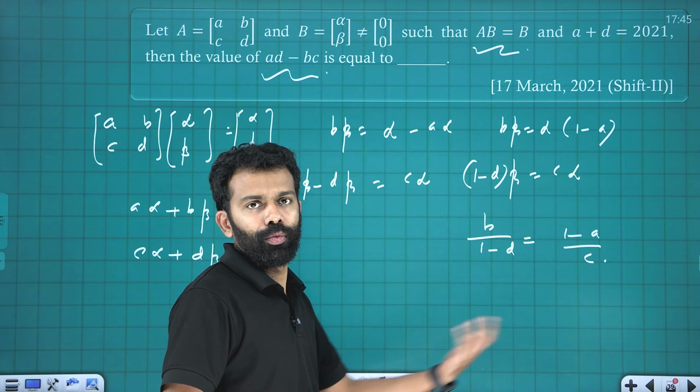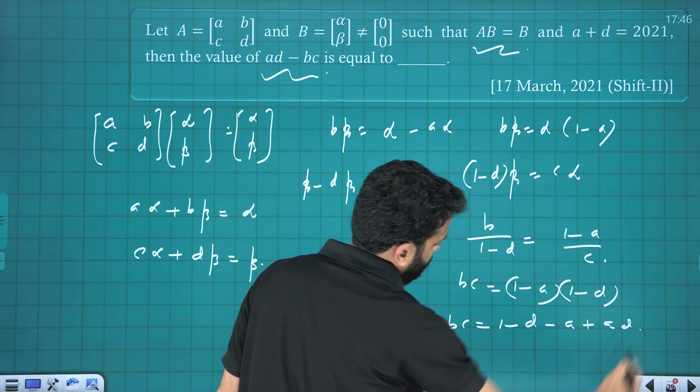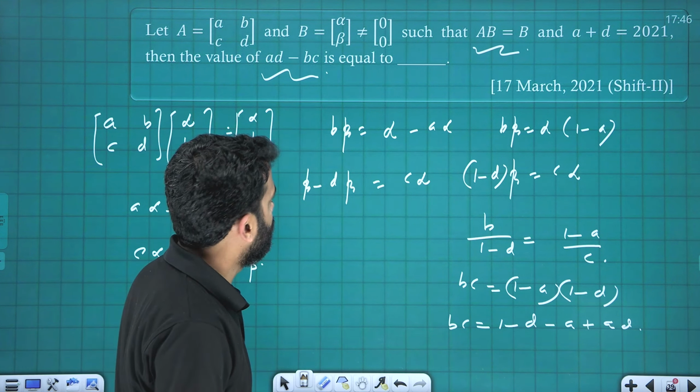Just cross multiply this and you will get BC is equal to 1 minus A into 1 minus D. Open the bracket, it will be BC is equal to 1 minus D minus A plus AD. What you need to find here? AD minus BC, right? Just take this BC to the right hand side and take everything to the left hand side.